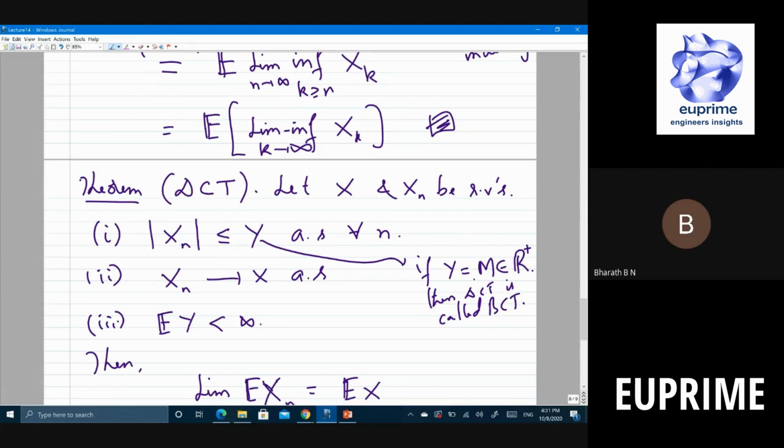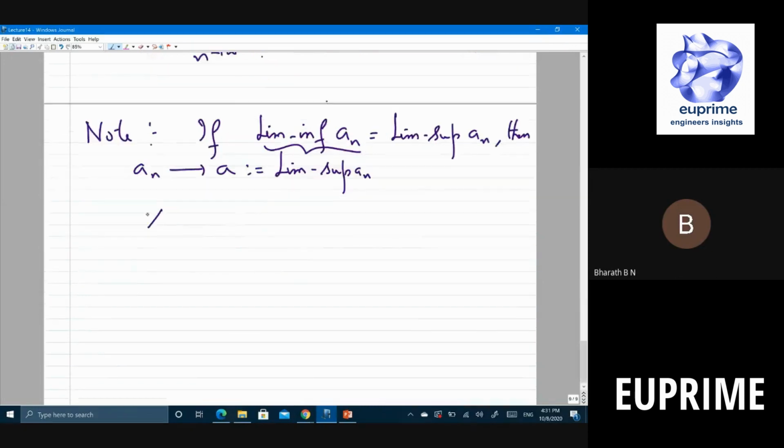How do you prove that? Okay, so maybe I'll take that. See, you are saying Xn is less than or equal to, let's say, some random variable Y, and Xn converges to X almost surely.